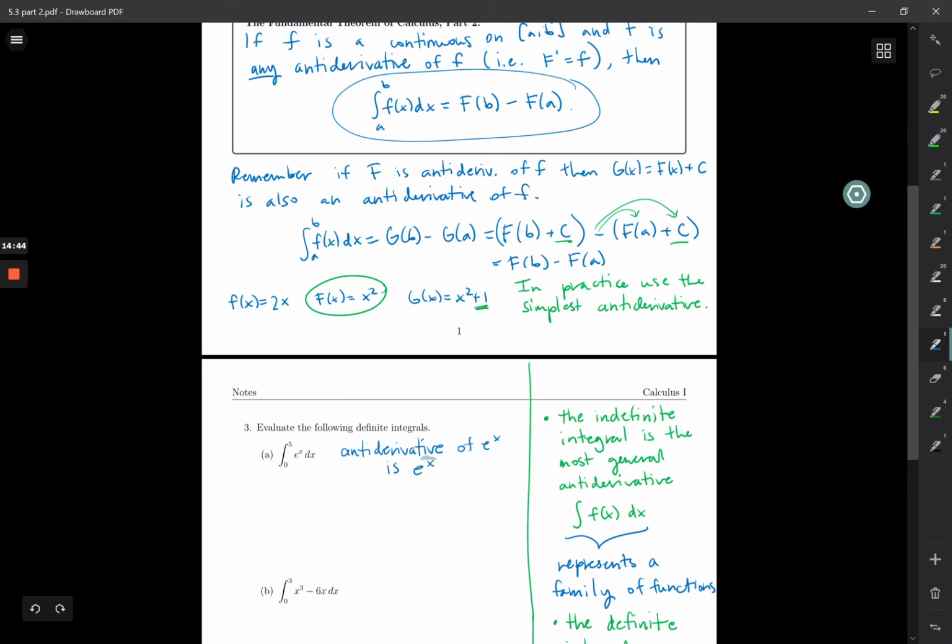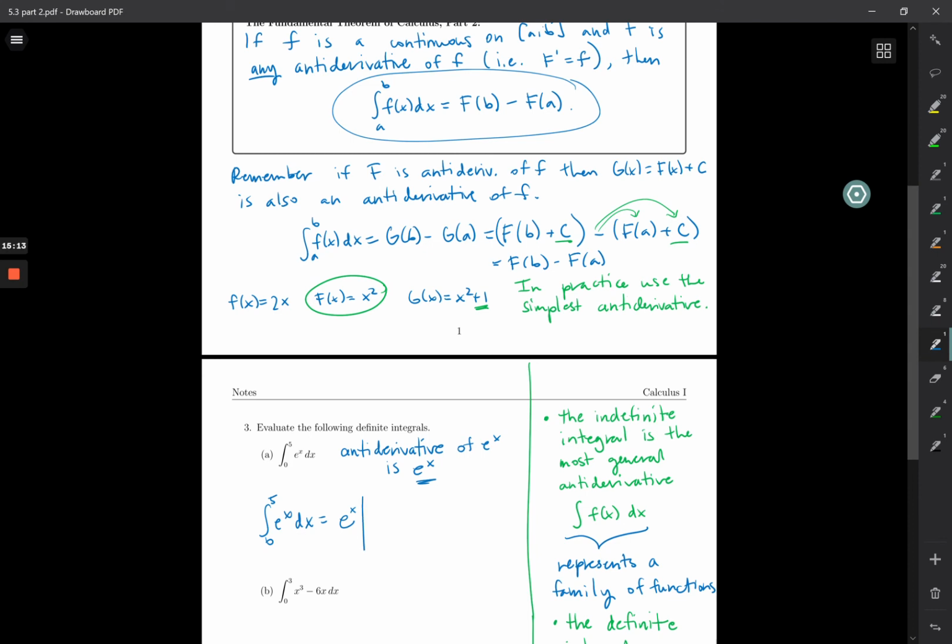And so by the fundamental theorem of calculus, to evaluate this definite integral, we just evaluate the antiderivative. I know it's the same as the function in this particular case, but we take the antiderivative and evaluate it at the endpoints. So one way of writing this is to use a bar, so a line.